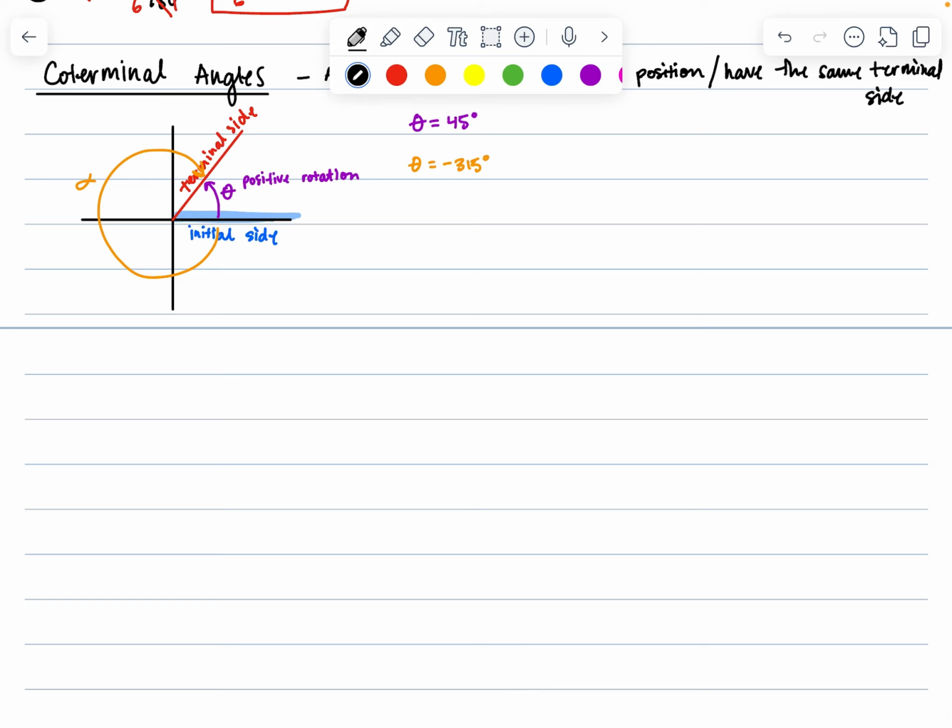So we could actually do this using positive and negative rotations. If I ask, for instance, to graph the angle, let's do this first. Graph the angle.